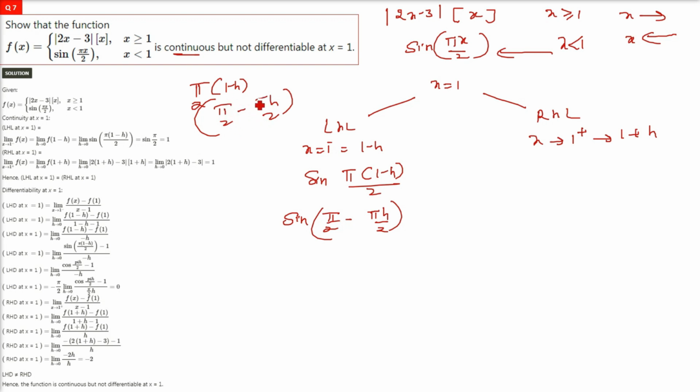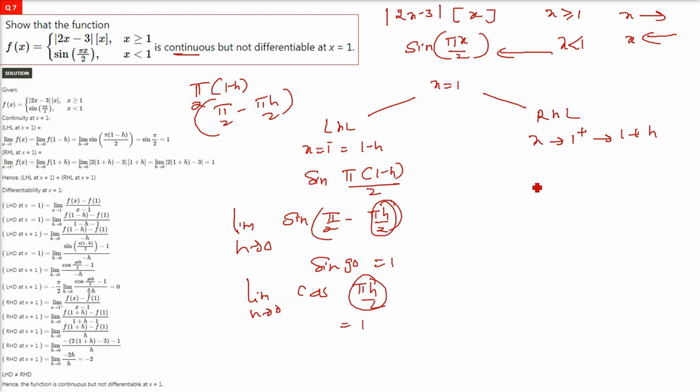You can put h as 0 here, and sine pi by 2 will be sine 90, which is 1. Or the better way is to do the cos: cos of pi h by 2. When you apply the limit h tends to 0, it is going to be 1.